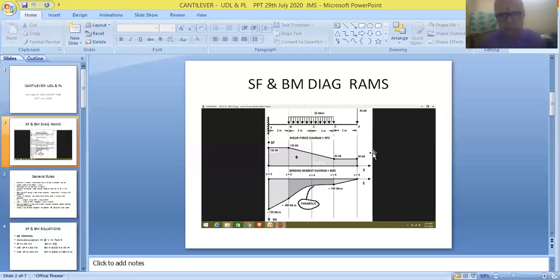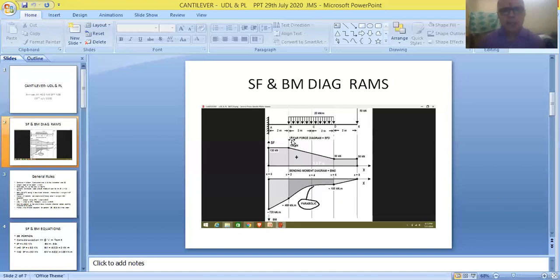So friends, capital L or small l is generally used for indicating the total length of a beam. It is generally expressed in terms of meters.